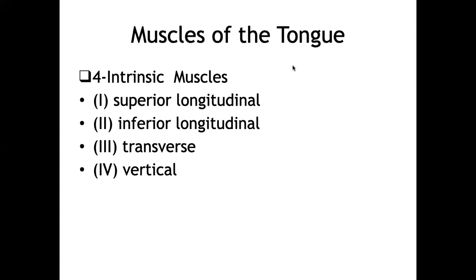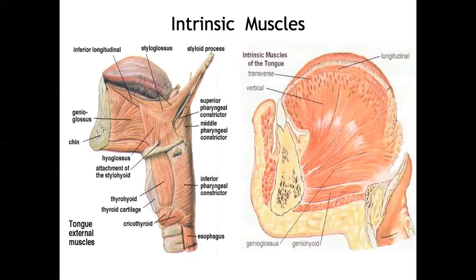The ones which are outside, entering into the tongue from different regions, those are called extrinsic muscles. There are 4 intrinsic muscles: superior longitudinal, inferior longitudinal, transverse, and vertical muscle. So let's see how it appears. If this is the tongue, what are the intrinsic muscles?